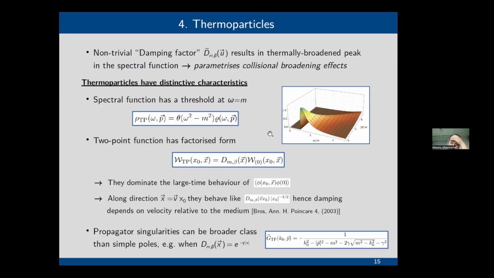Can I ask you a question? Is this thermoparticle essentially the particle of a reduced theory, or is it related to that? Of a dimensionally reduced theory, you mean? Yeah, exactly. Well, I don't think so. Maybe it can be connected.